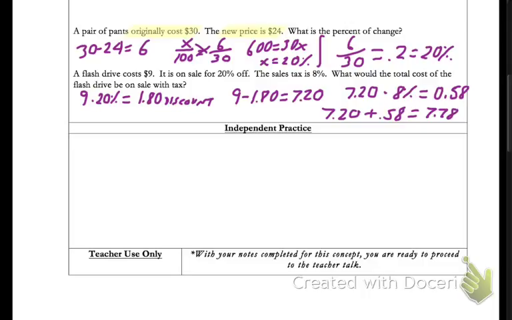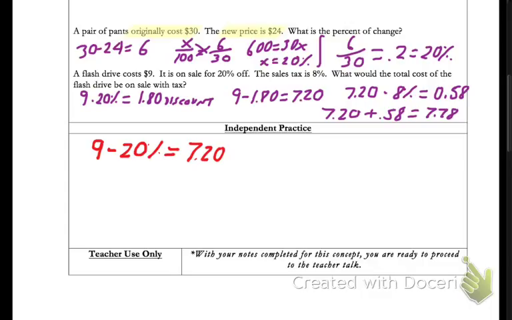We're going to take 9, subtract 20, hit the percent key, and hit equals. Once you hit equals, it's going to give you the $7.20. That equal sign is going to take that 20% off.